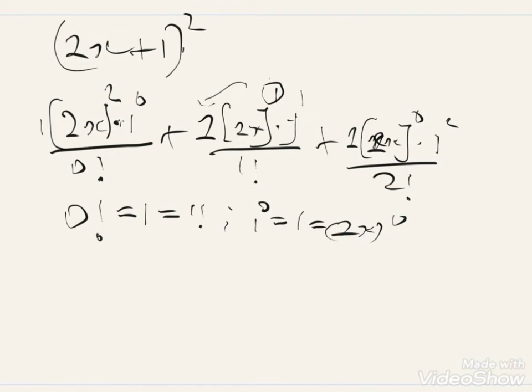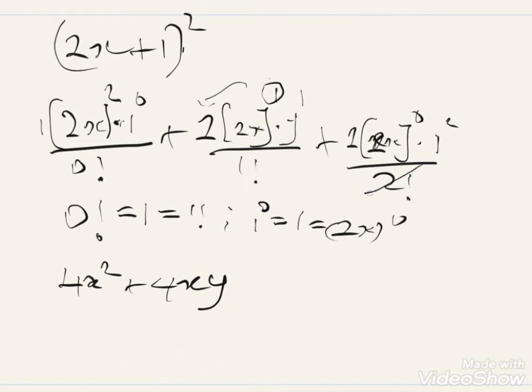Now, in standard form, we have 2x all raised to power 2, which by indices gives 4x squared, because 2 is raised to power 2. 2 times 2 is 4, then x squared. 0 factorial is 1, so no need. We have 2 times 2x, I have 4x. 1 factorial is 1 also. Then 2 factorial is 2 times 1, which is 2.